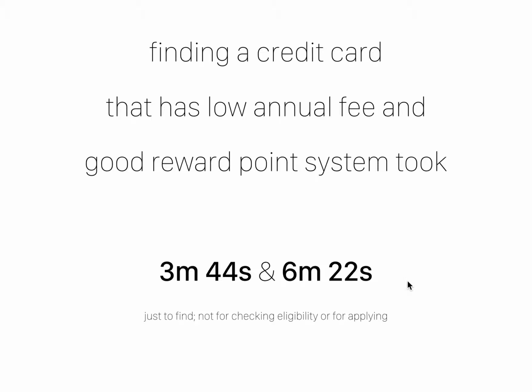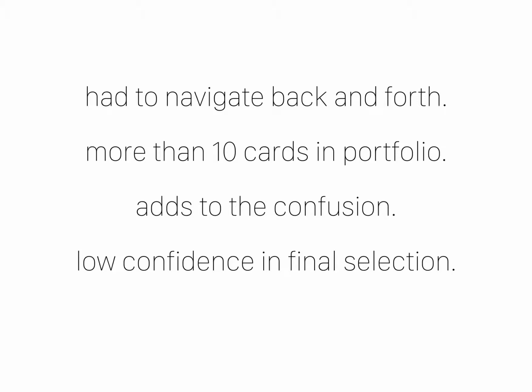Now, this to me was concerning, given the fact that this is just reading through the card features and trying to find a good card. The usability concerns were based on my observation that the users had to navigate back and forth, like click through a product, go back to the listing, again do that for 10 to 15 cards, which overall added to the confusion.